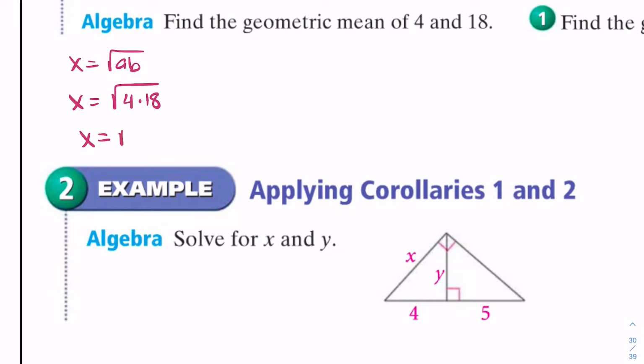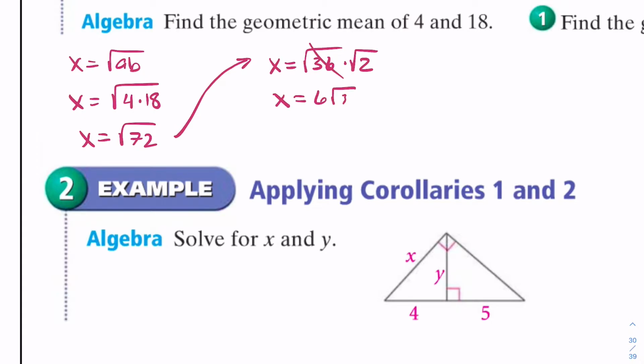X equals the square root of 72. We can break this into the square root of 36 and 2. So x equals 6 square root of 2. We are done.